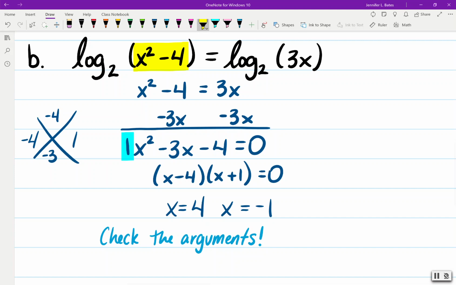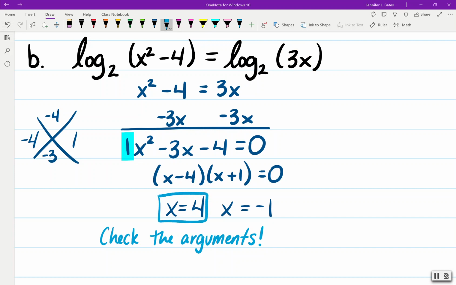Is 12 greater than 0? Yep, so let's check the other side. We're going to take 4 and plug it in here. 3 times 4 is 12. Is 12 greater than 0? Yep, so 4 is one of my answers.